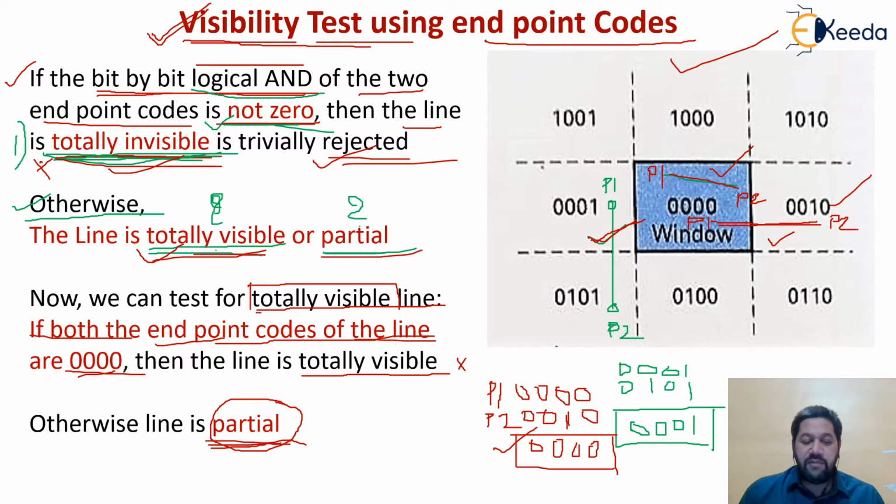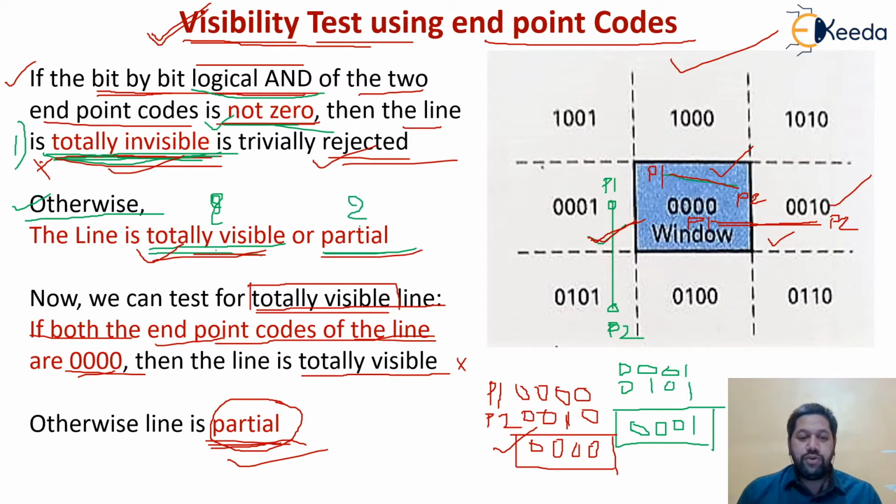If my line is totally visible, then it is saved and displayed on the screen as it is. But if my line is partial, what do I have to do? Obviously I have to calculate the intersection point of the line. This is the next step of the Cohen Sutherland line clipping algorithm.